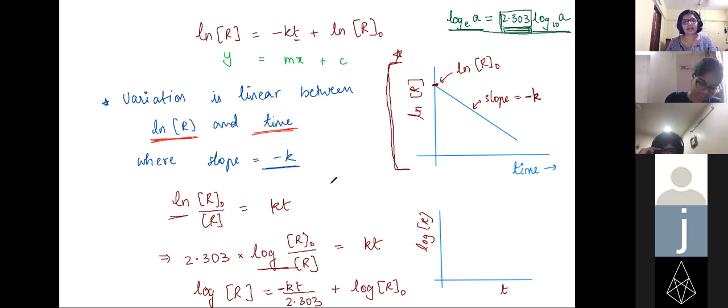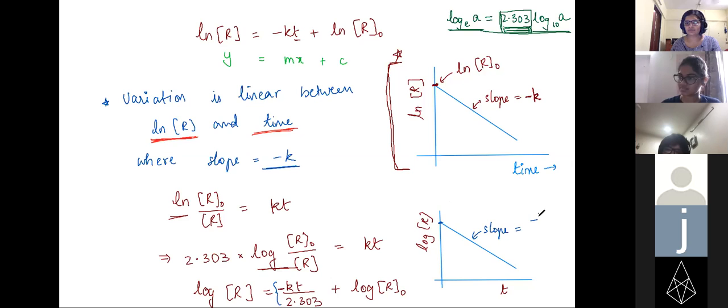So in this case, again, y equal to mx plus c, it's going to be the same, except what will be the slope in this case? Minus k by 2.303. Yes. So everything remains the same, just that the constants change, like the numerical values change. So in this case, the slope will be equal to minus k by 2.303.